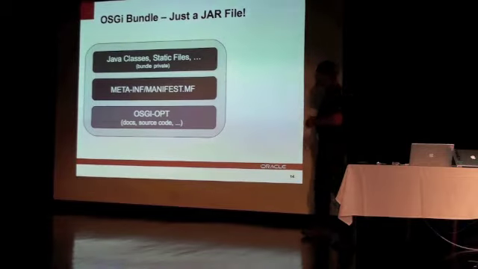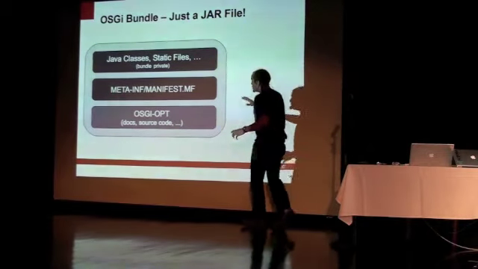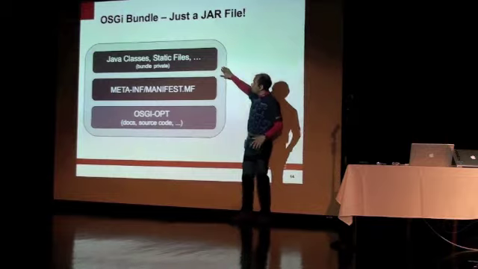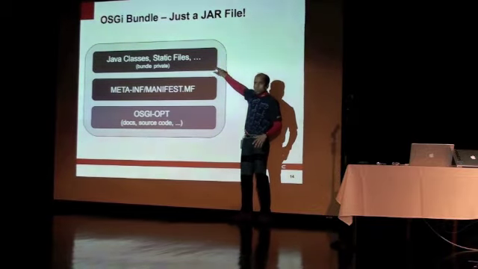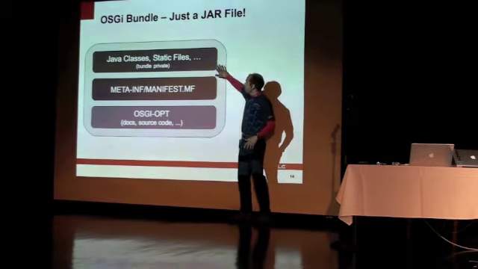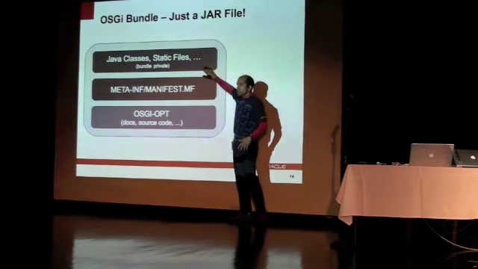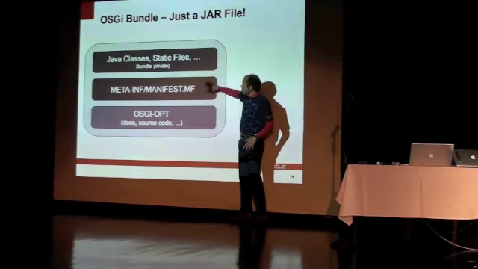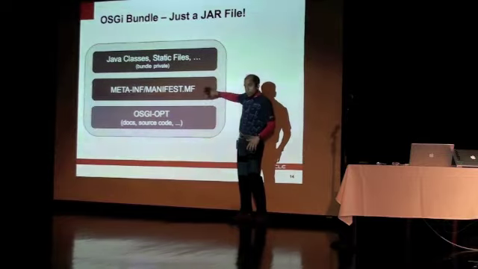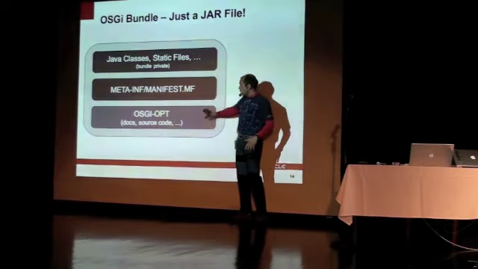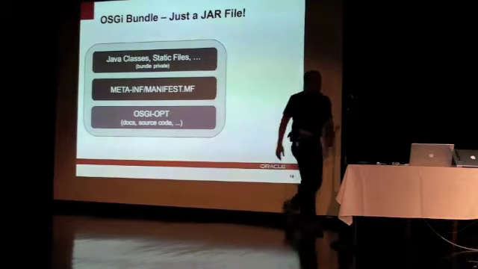So an OSGi bundle, as I said, is nothing but a jar file. I have all my static files, like my JSPs, my CSS, my HTML, they're all living here. Then I have my manifest information, which is the most critical information required for an OSGi bundle, and I can put some optional information in this package too.